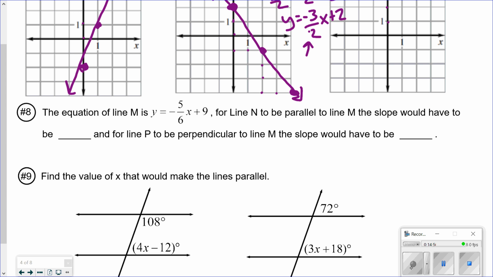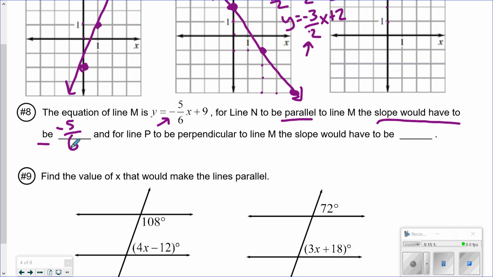For question number 8, the equation of line M is y is equal to negative 5 divided by 6x plus 9. For line N to be parallel to line M, the slope would have to be, well, parallel lines have the same slope. So if our slope here is negative 5 divided by 6, our slope will also be negative 5 divided by 6.